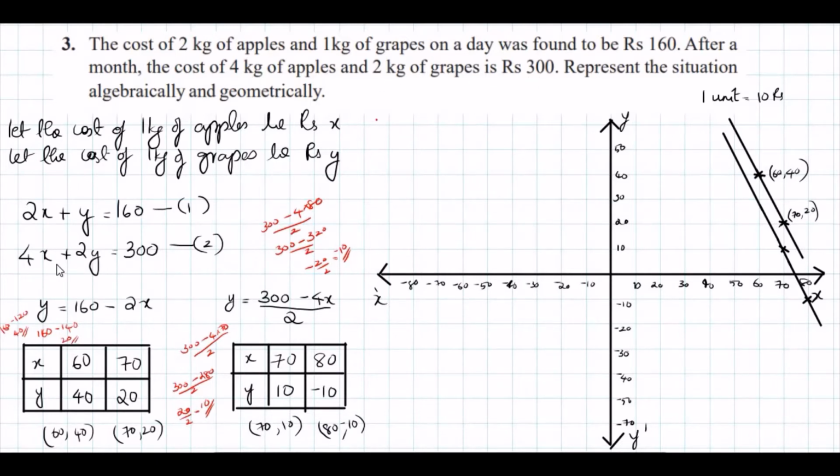So 4 into x plus 2 into y is equal to 300. So you have represented the two cases algebraically. Now you have to draw the solution tables for both the equations. Similar to the earlier questions, first write y in terms of x and then give some values for x and find out the value of y.